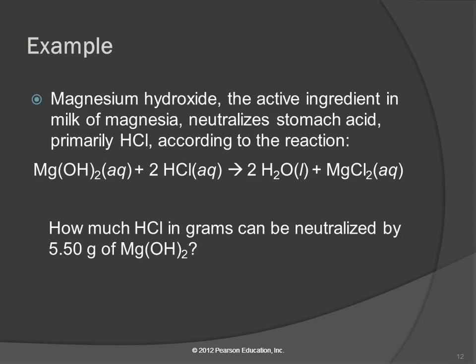Here's another one. Milk of magnesia. I started reading the second line. Magnesium hydroxide, which is the active ingredient in milk of magnesia, neutralizes stomach acid, primarily HCl, according to this reaction. So here's magnesium hydroxide reacting with HCl to form water and magnesium chloride. What kind of a reaction is that?